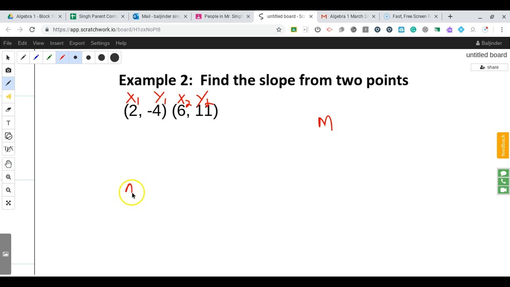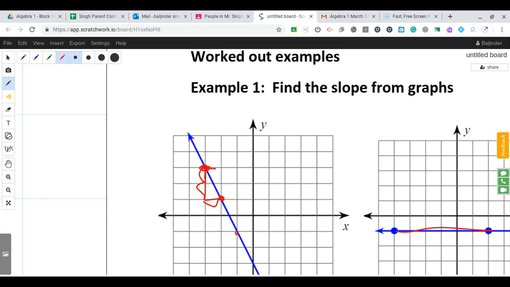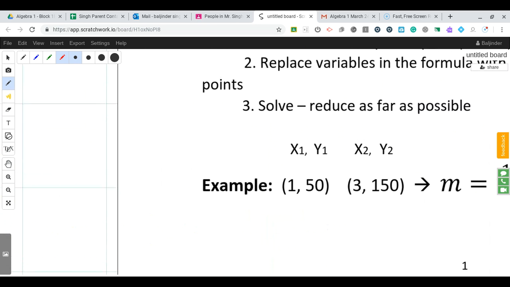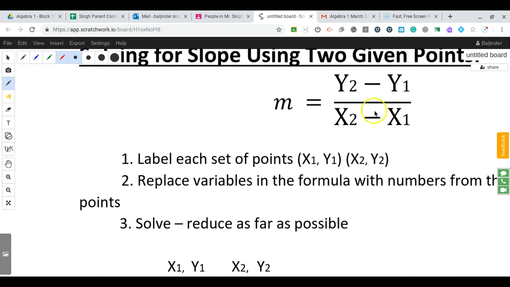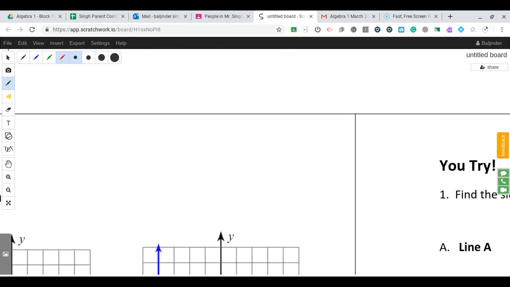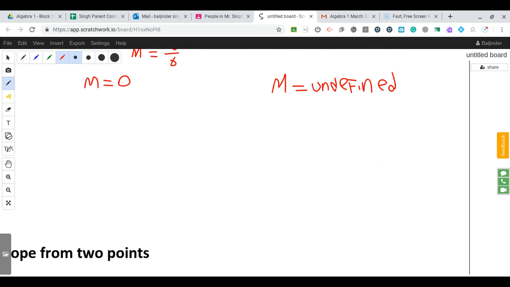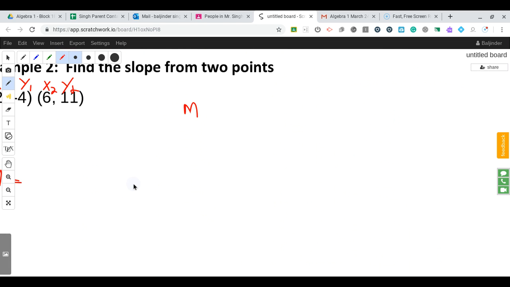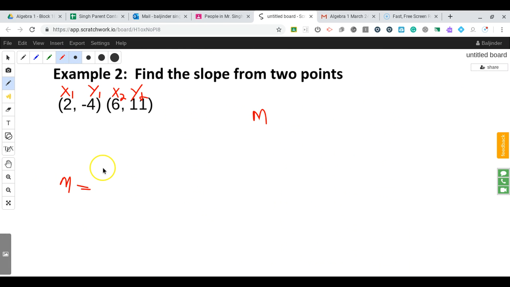All right, if I do the math, that's the formula up here. I'm not going to rewrite the formula for you. It's y2 minus y1, so we're going to put that in the numerator. y2 is 11, so I'm going to do 11 minus y1. Notice our y1 is negative 4, so we're going to end up with a double negative.